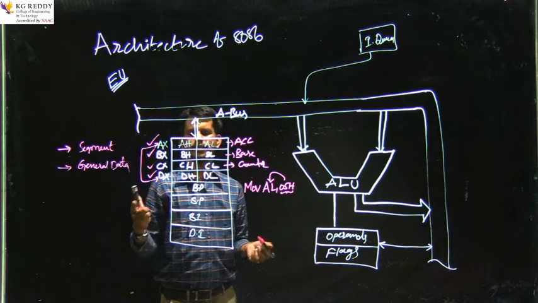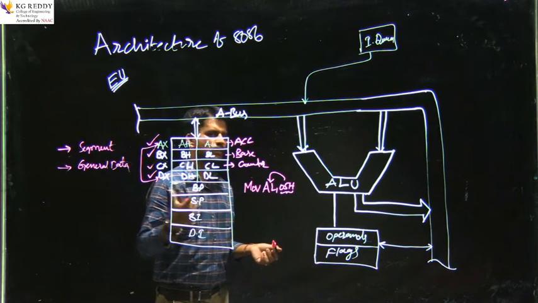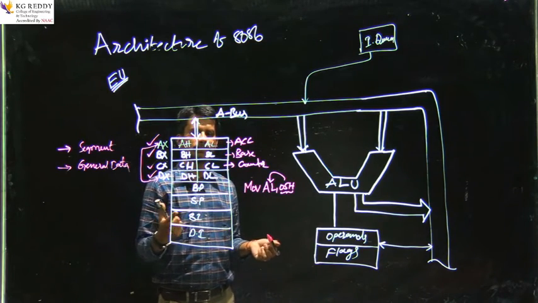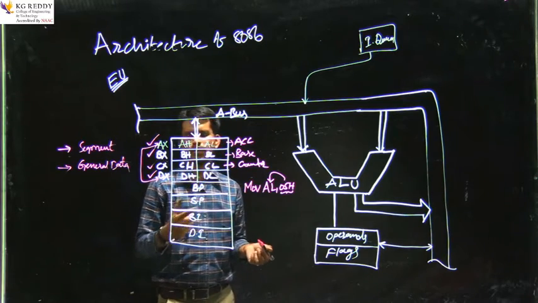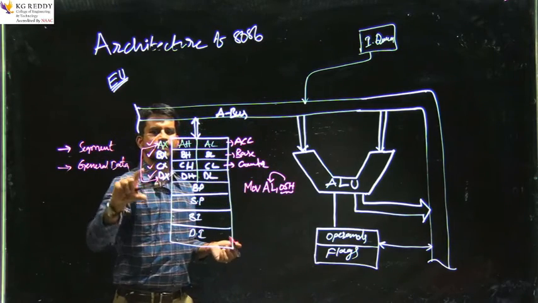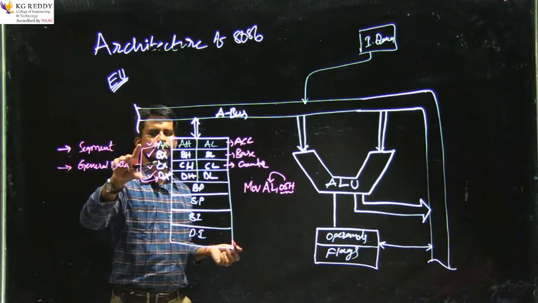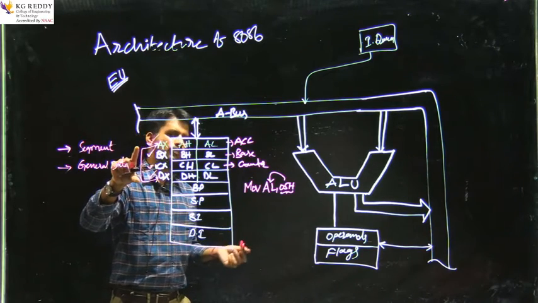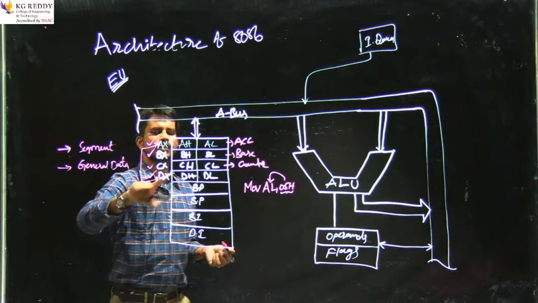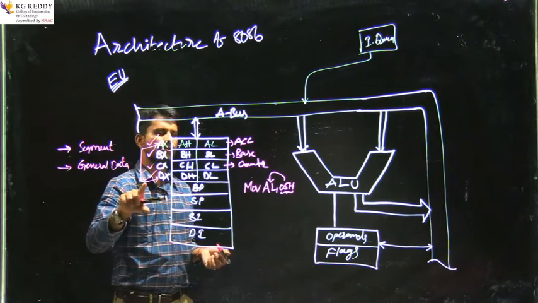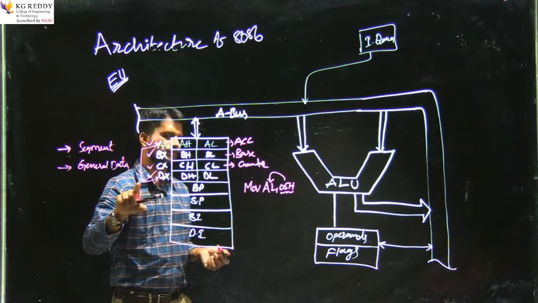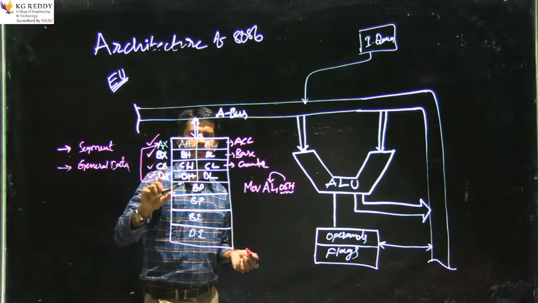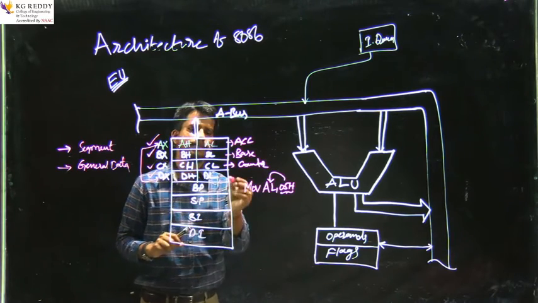What about the remaining extra bits generated by the multiplication operation? We simply cannot discard them because we are going to lose information. So in such cases, whenever overflow occurs and extra storage is required along with the AX register, we will use the DX register as a data register to store the next higher order bytes or bits of data, especially when overflow comes. Okay, this is called the data register.